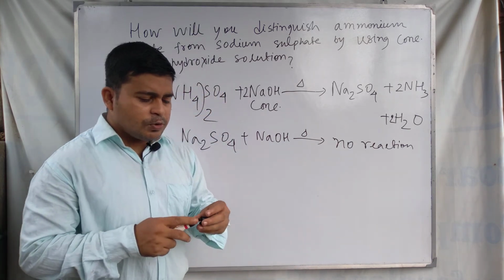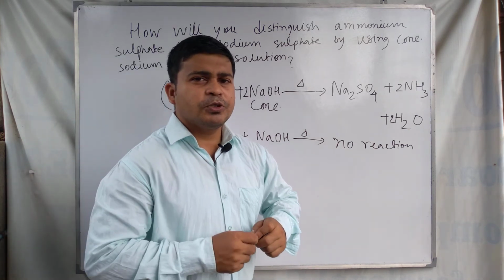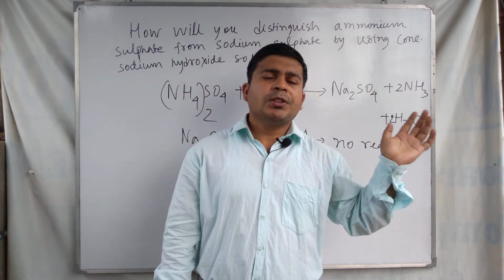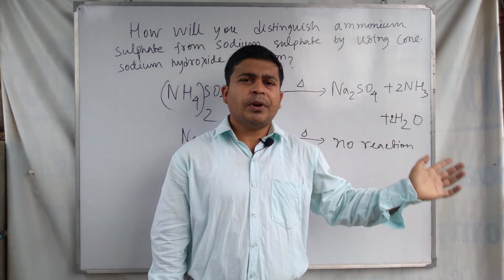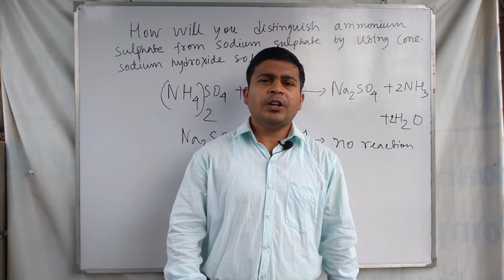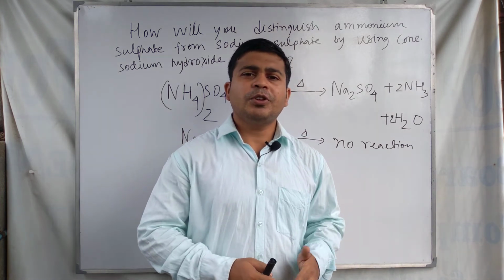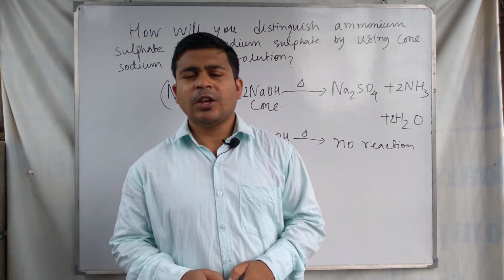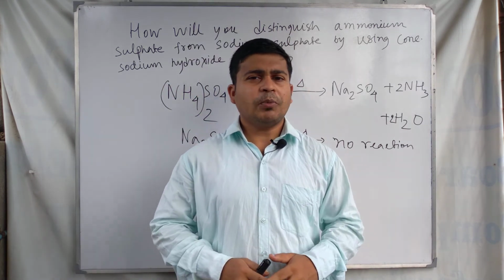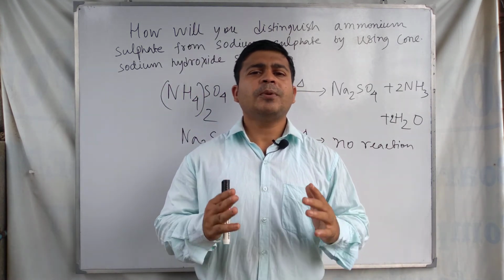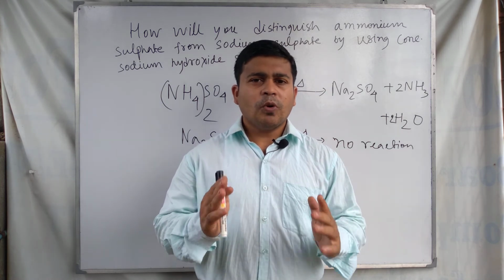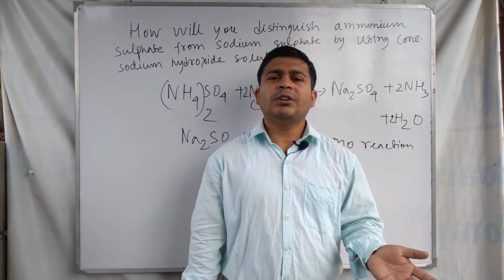So by using sodium hydroxide solution we can detect these two different kinds of salts, ammonium sulphate and sodium sulphate. Ammonium sulphate reacts with sodium hydroxide solution in presence of heat to produce ammonia gas, and ammonia gas has an irritating pungent odor by which it can be detected.